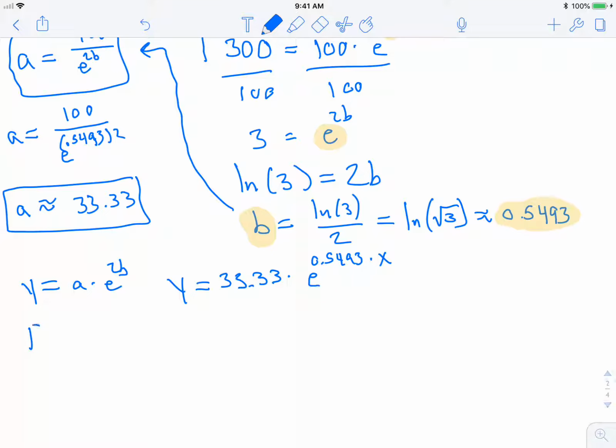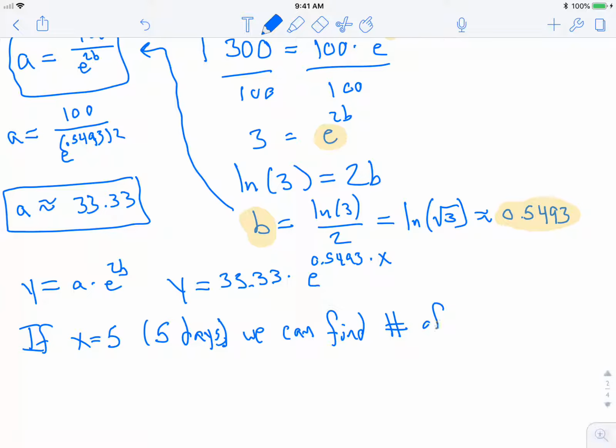So if x equals 5, which corresponds to 5 days, we can find the number of flies. Okay, so y is equal to 33.33 times e to the power 0.5493 times 5.